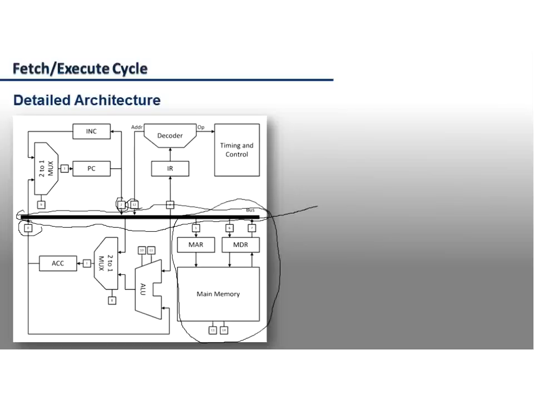So gates 0, 1, 2 and 7 allow input to the bus, while gates 5, 6, 4 allow output from the bus. Okay, and so on. These little gates allow input and output to the various devices.